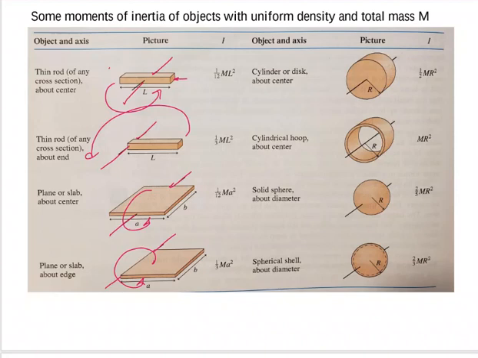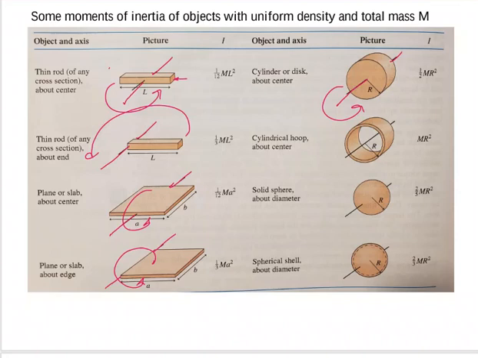Okay, we also have a cylinder, or they could say a disc. It just depends on how thick the object is. So we're rotating here about the axis like so, and then you would be turning like that, like a rolling cylinder.